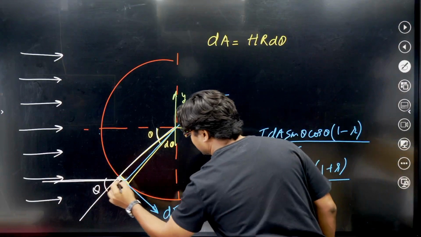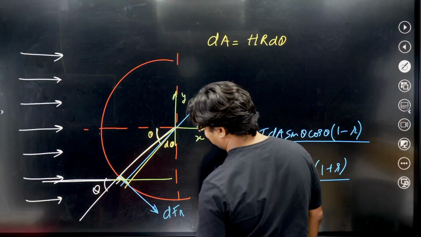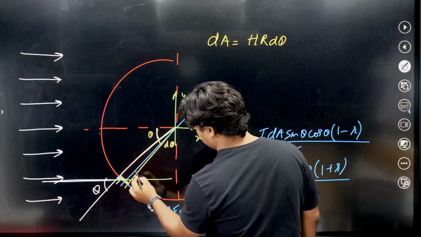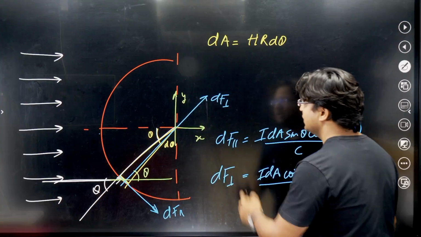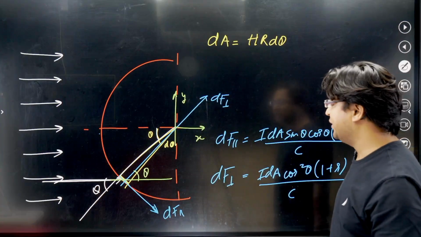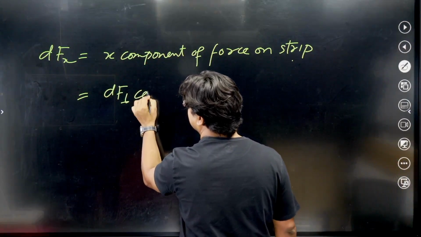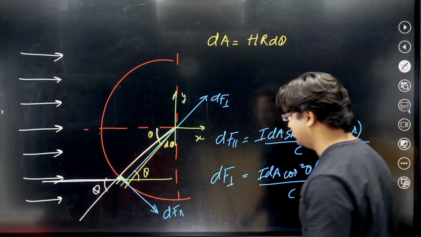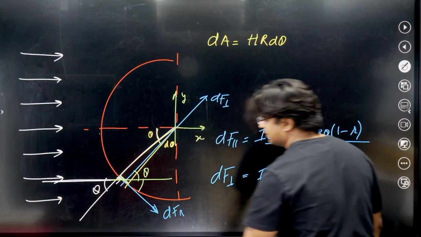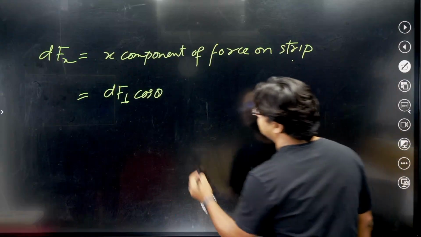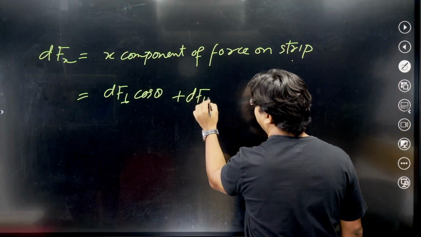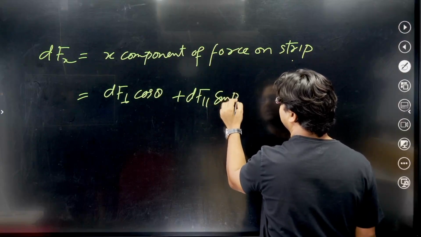Notice this angle is theta. So df perpendicular cos theta, and then this angle will be 90 minus theta. So df parallel cos of 90 minus theta, that will become sin theta.